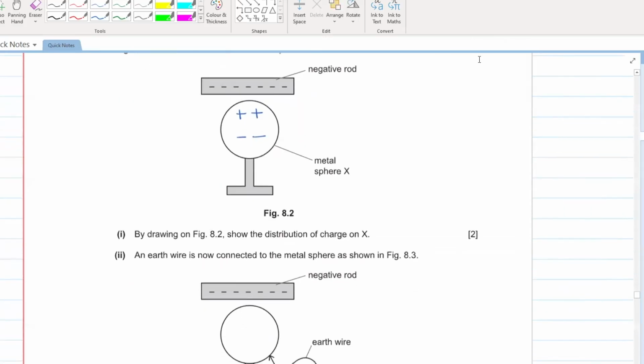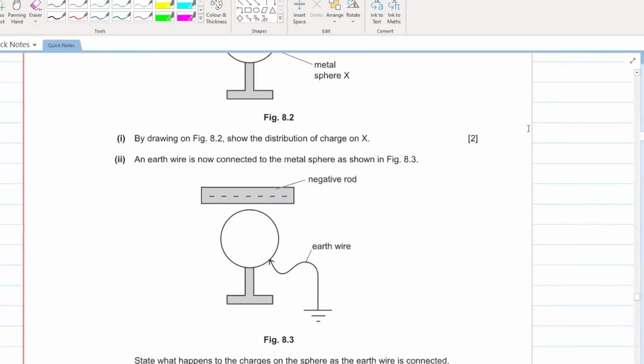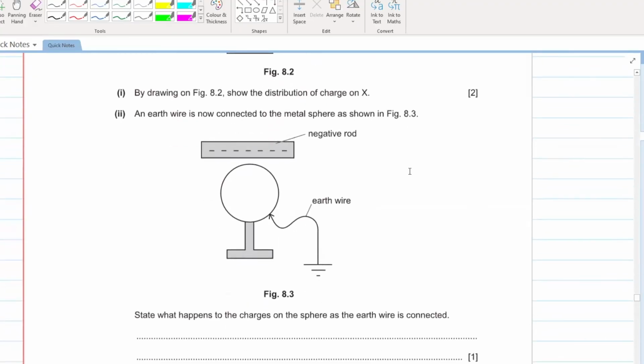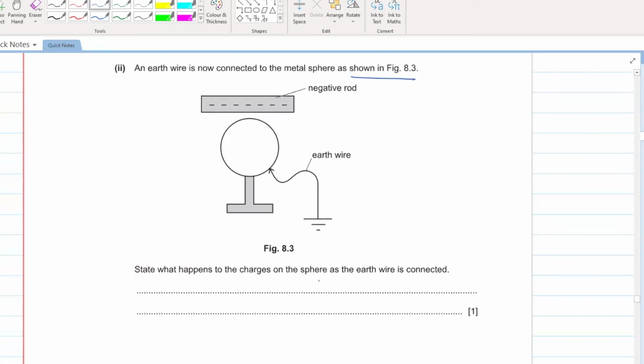Simple. An earth wire is now connected to the metal sphere as shown in figure 8.3. State and explain what happens to the charges on the sphere as the earth wire is connected.